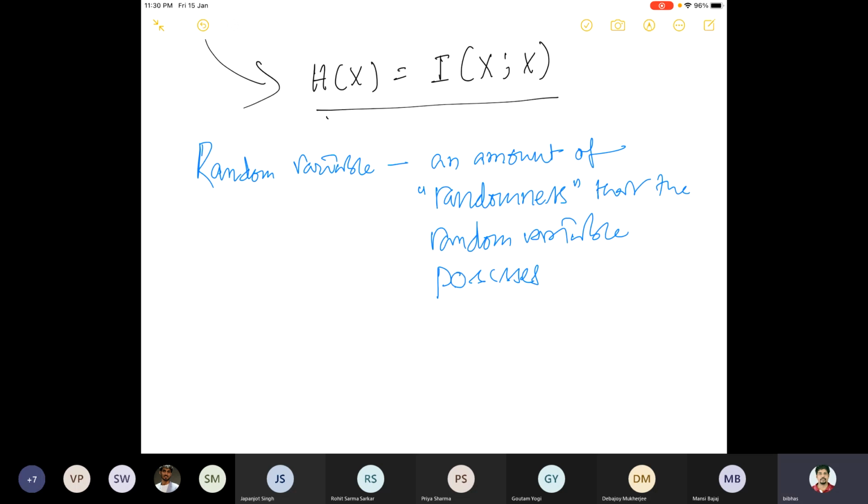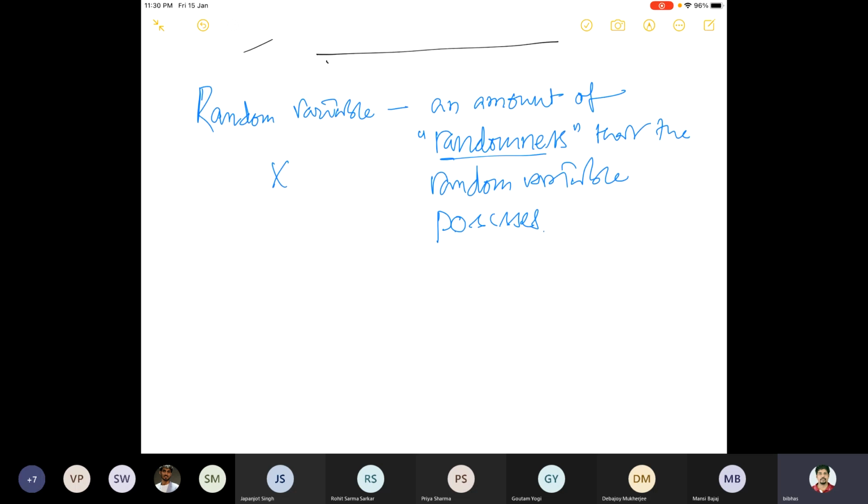So whenever I am defining something related to the random variable X, it has to be related to randomness. Since here I'm talking about entropy as something related to the amount of information, or average self-information, that means it's related to the amount of randomness associated with the random variable.